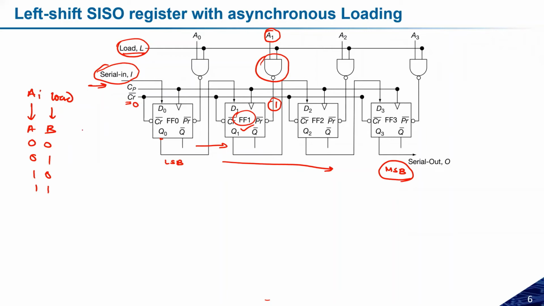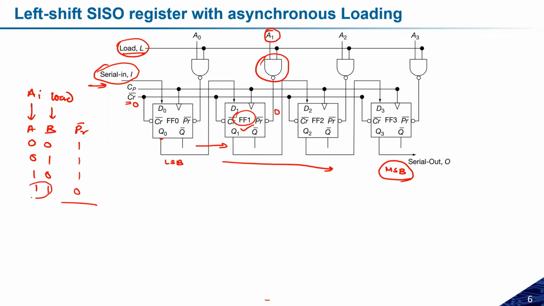If you want to get PR complement here, for a NAND gate the output will be 1, 1, 1 and 0. This is the output of the NAND gate. So if I have to preset it, in that case, I need to make this output 0.